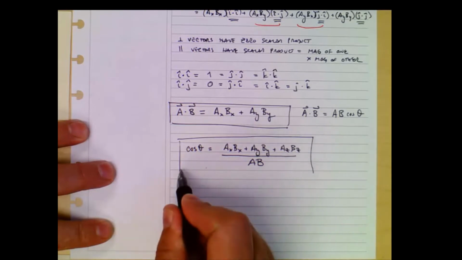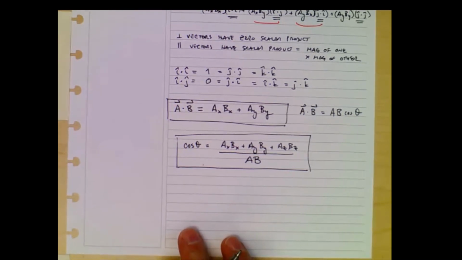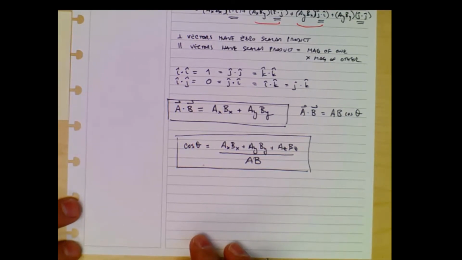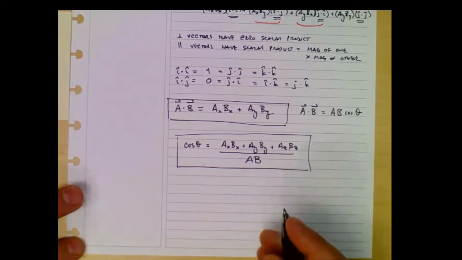This is incredibly useful. If I've got vectors that I've given you that are 3-dimensional vectors, then you can get the angle between the two vectors in this manner. Okay?